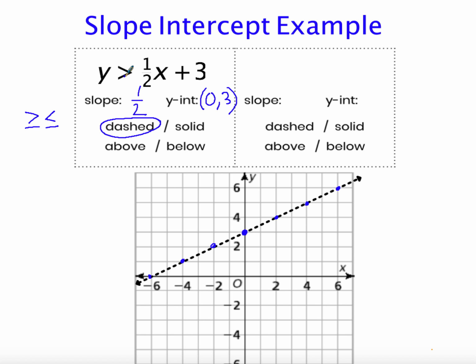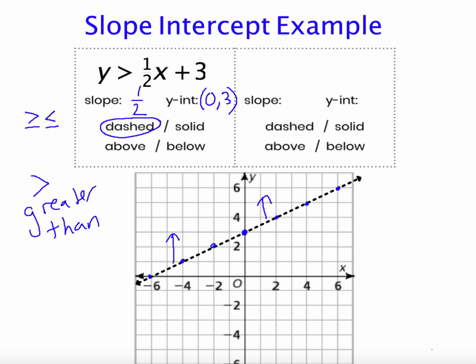In determining the shading, which of course there will be shading, the graph of an inequality is a region and always involves shading. So because we have this greater than symbol, we will be shading the region directly above the line.